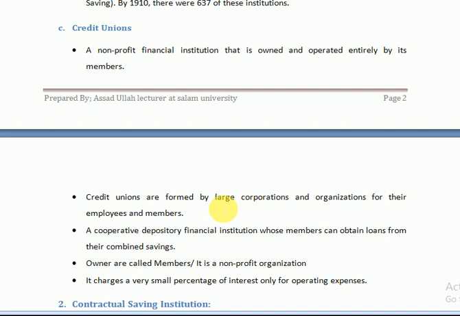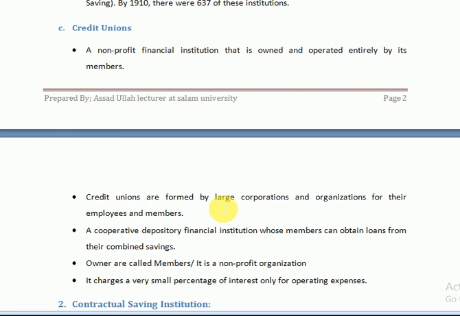I used the word checkable deposits. So what does it mean by checkable deposit? Checkable deposits is a technical term for any kind of demand deposit account, against which a check or draft of any kind may be written.